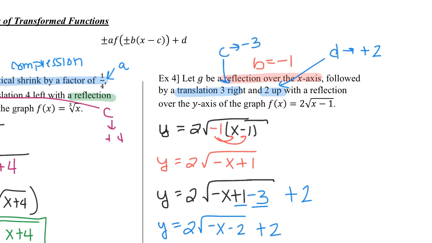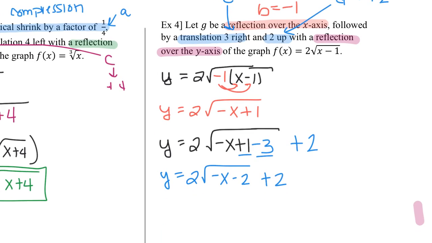The last thing that happens is it says that there is a reflection over the y-axis. So reflection over the y-axis, that is your a value of a negative 1. So a's and b's are similar because they're going to affect everything. So when we talk about this last transformation, we're going to have a negative 1 on the outside of this whole function that we had a minute ago.